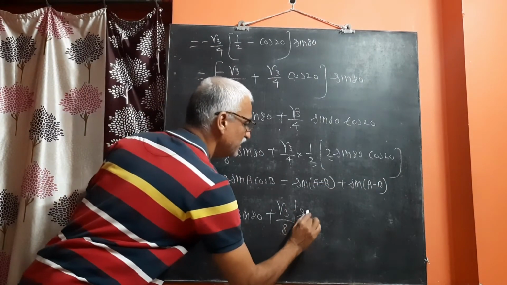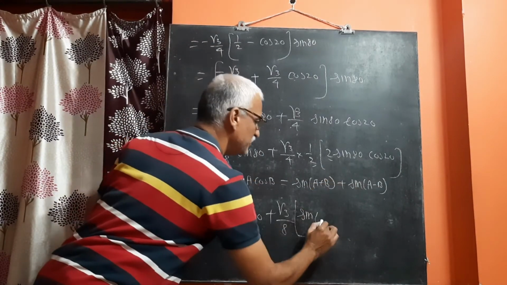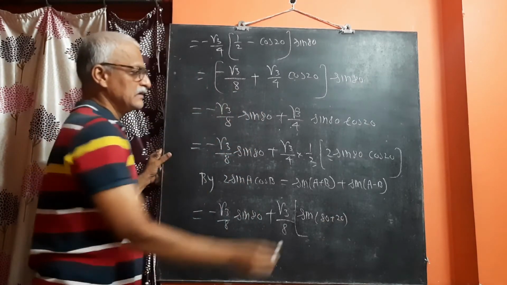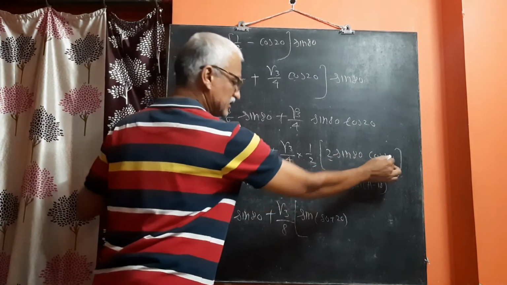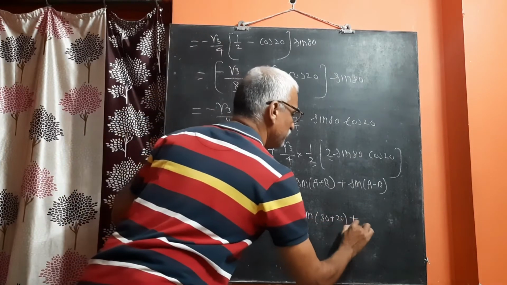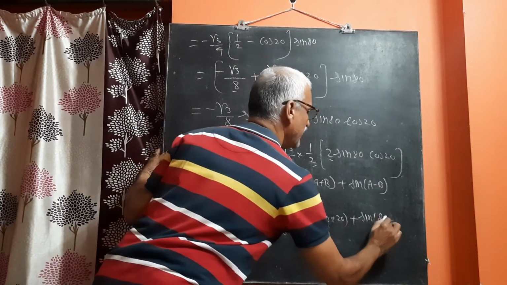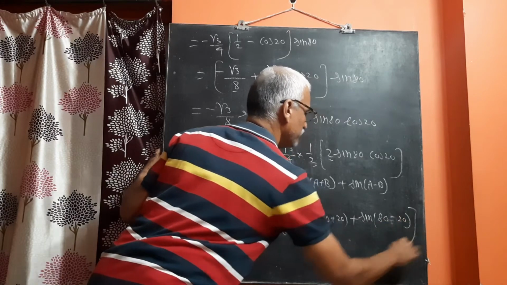So that will be sin of 80 plus 20, plus sin of A minus B, that means 80 minus 20.